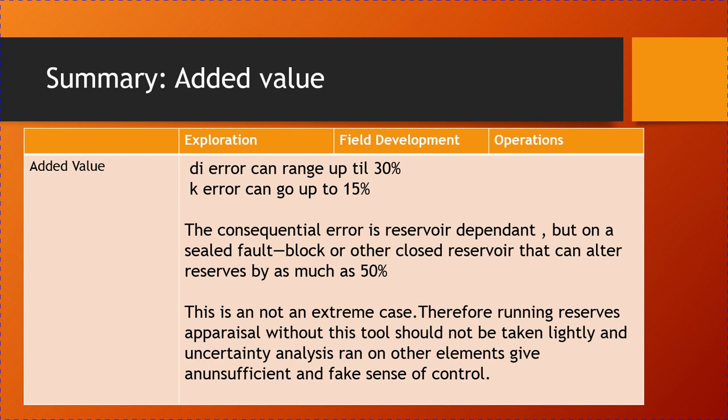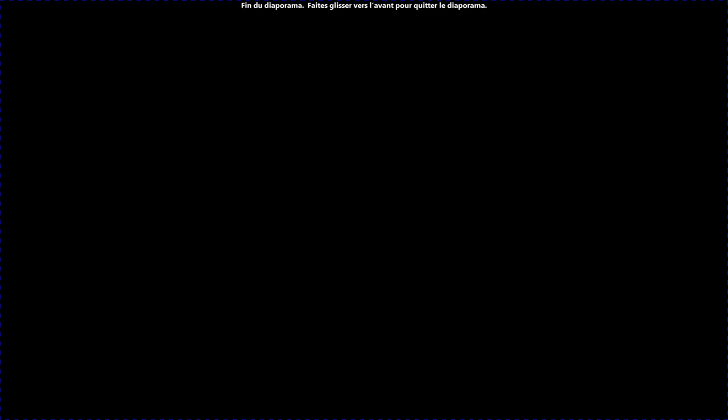Therefore, running reserves appraisal without this tool should not be taken lightly, and uncertainty analysis run on other elements gives an insufficient and fake sense of control. That's what I wanted to insist on, and that can really drastically affect your reserves estimate.